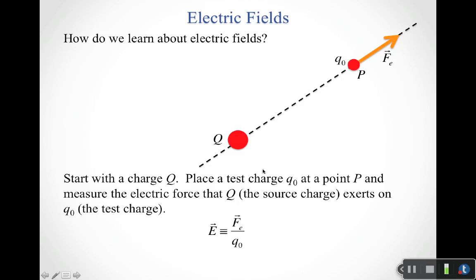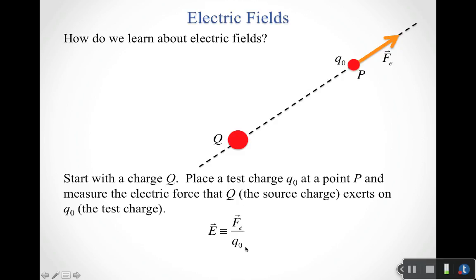In the same way that we said with the gravitational field that we didn't want it to depend on the test mass, but only on the source mass, I'm going to do the same thing here. I only want the electric field to depend on the source charge and not on my test charge that I'm using to probe the field.